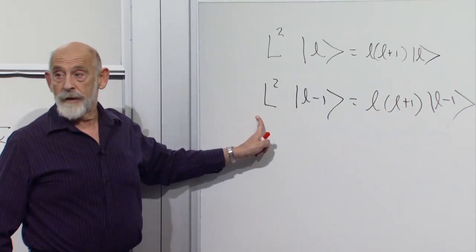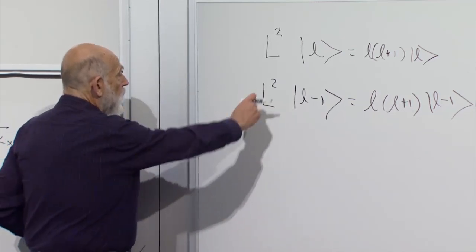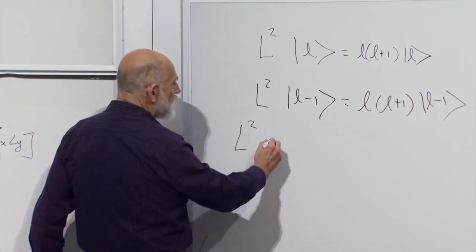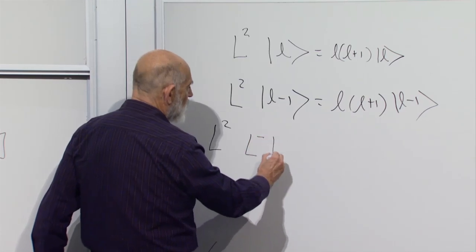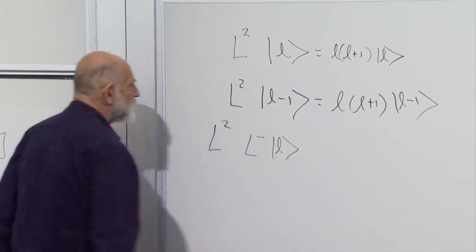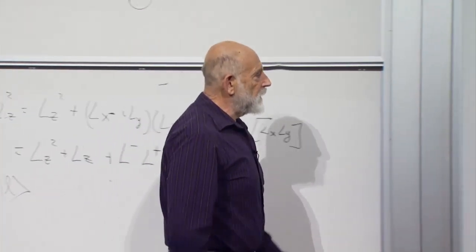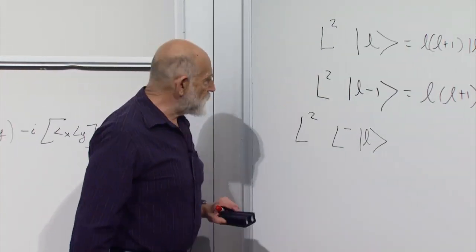Okay? How do you do that? Well, you start with L squared, and now hit this with L minus on L. L minus on L is the state L minus 1.